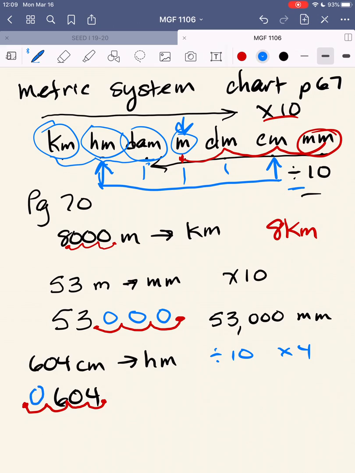And I need to put my 0 here. Of course, if you are like me, you usually also put a 0 in front of the decimal. That's not necessary in this case. And I have 0.0604 hectometers. Go ahead and try a few, and I'll meet you back up for converting between the two.